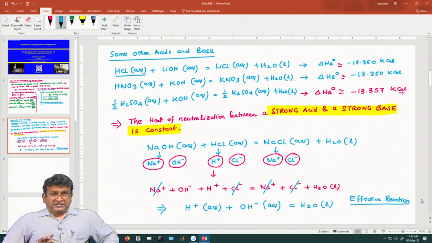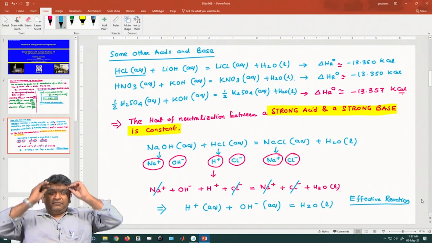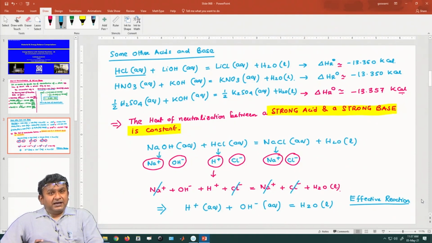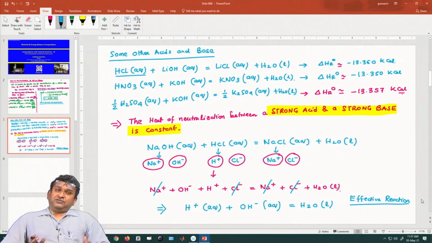Because in the ionic state, within the aqueous medium, it forms Na plus and OH minus. HCl forms H plus and Cl minus. Now, the OH minus and H plus are gone. They are combining to form water, as you can see in the effective reaction, right. So, essentially the two charged species that are left are Na plus and Cl minus, and when you remove the water, it forms NaCl. That is how it goes.